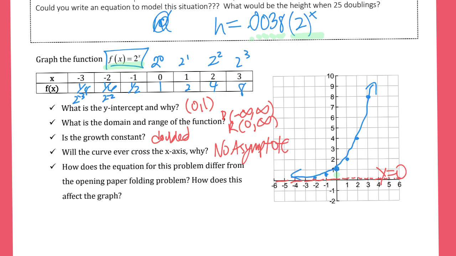Okay, 1 doubling, I should get a pen out instead of a marker. 1 doubling is going to be, what do we get? 0.0076. And then you're going to get a little bit more. 2 doublings is going to be 0.0152. We can plot these points, and the truth is, it's not going to be very big very quickly, is it?